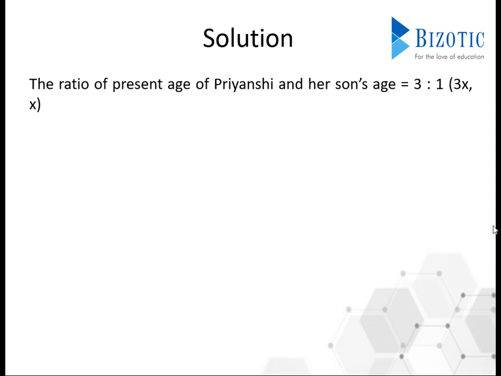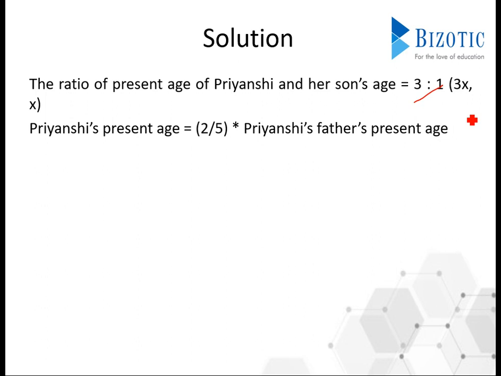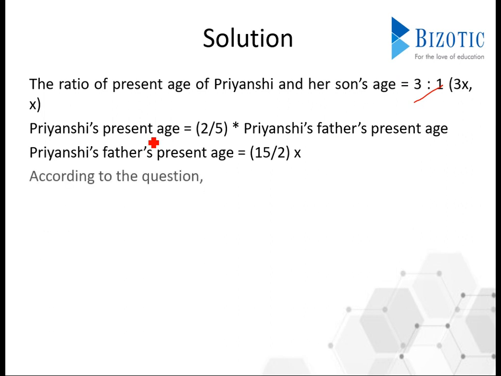Now the ratio of the present ages of Priyanshi and her son is 3:1, so their ages are 3x and x. They have also given that Priyanshi's present age is equal to 2 by 5th of her father's present age, which in turn gives her father's present age as 15 by 2 times x, because her age is 3x. Now from the question we have x plus 3x plus 15 by 2 into x is equal to 138.